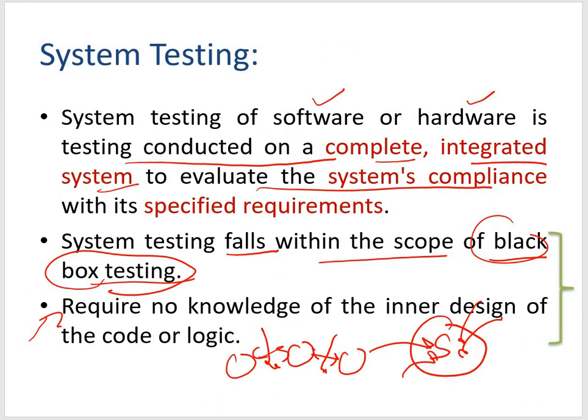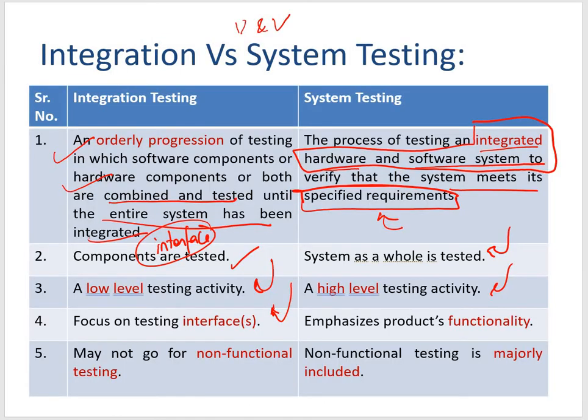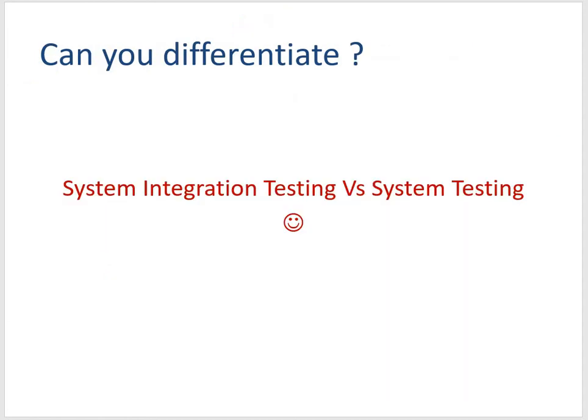We also compared integration testing versus system testing, where prior to studying system testing we were dealing with integration testing only, where we said, let's look for the interfaces. Let's test them. We also saw the difference between system integration testing versus system testing.